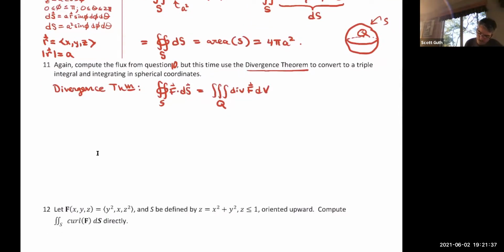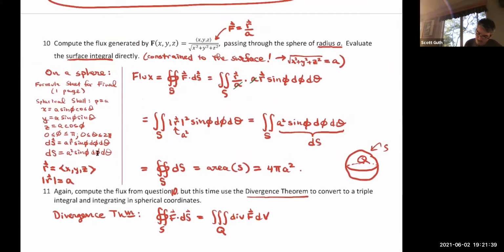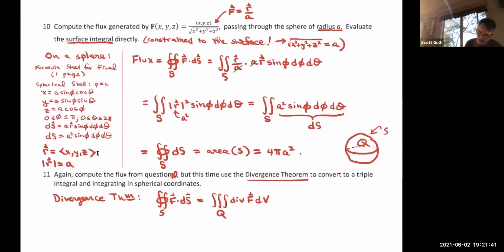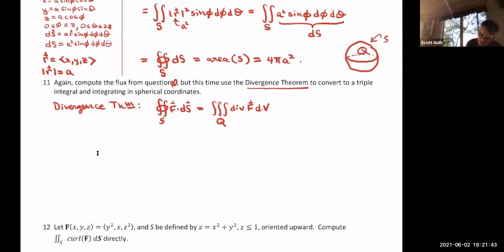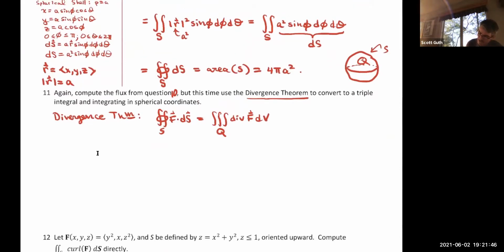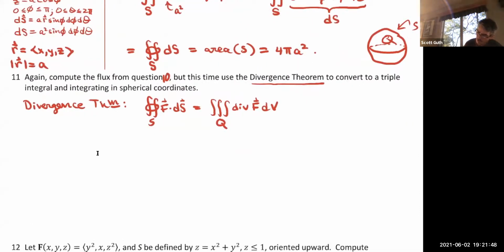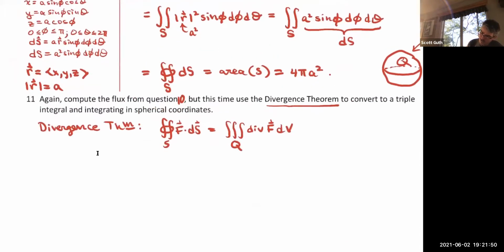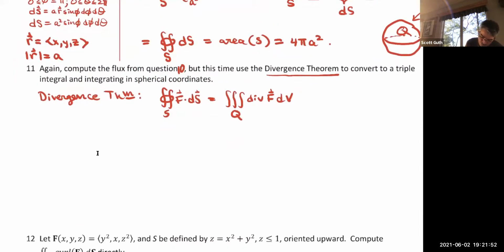Now we're going to do the horrible work of finding the divergence of the field. That's going to be a little ugly, and because of space I'm going to go real quick on this. The divergence of the field, the formula is del dotted with the field.